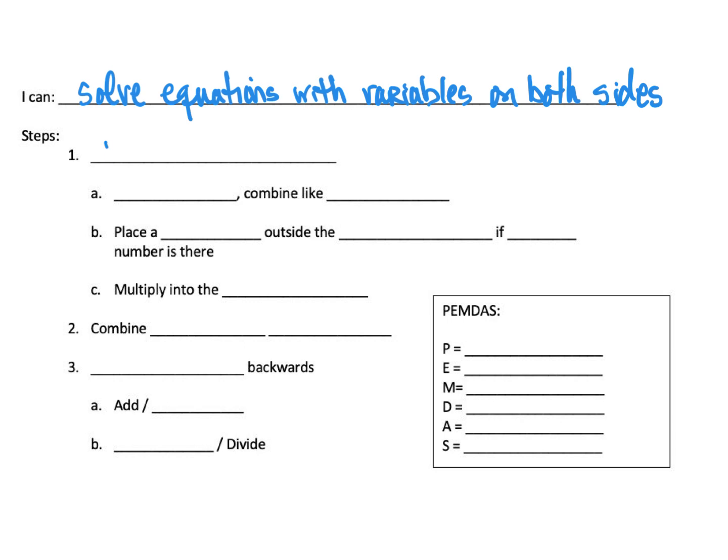So first of all, we want to look at our parentheses, and we want to look on the inside. On the inside, we want to combine like terms if we can.